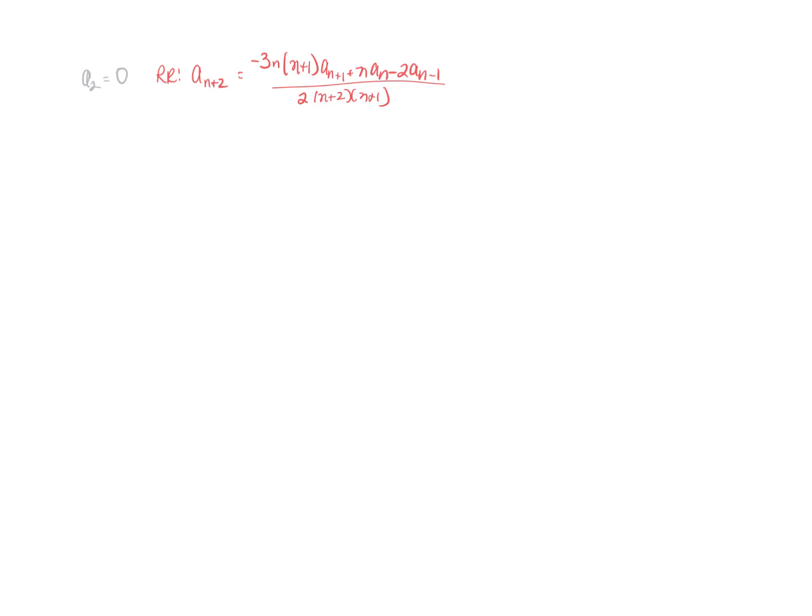So let's start evaluating at different points here. Remember, our sum started at 1. It was a sum from n equals 1 to infinity, so let's start with n equals 1.